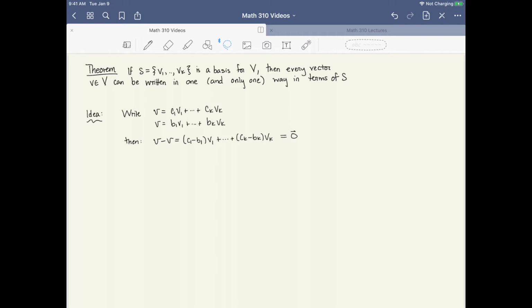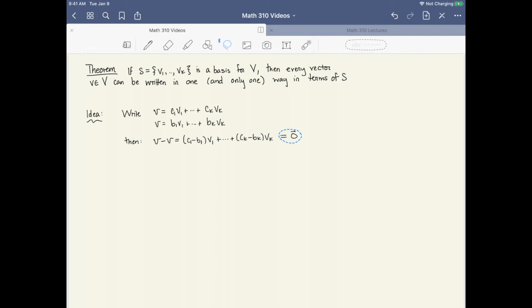If you had these two different expressions for v in terms of v1 through vk, then you could subtract the second equation from the first equation, and that would give you the coefficients being subtracted because you're subtracting these component-wise. So c1 minus b1 would be the new coefficient of v1. But because this is v minus v, this would all work out to be the zero vector.